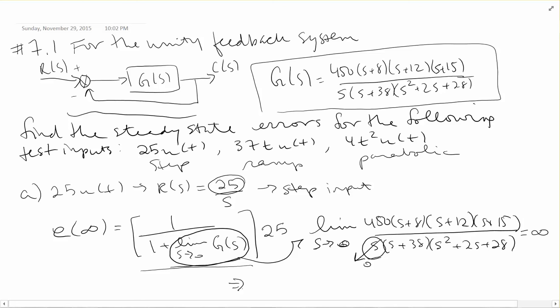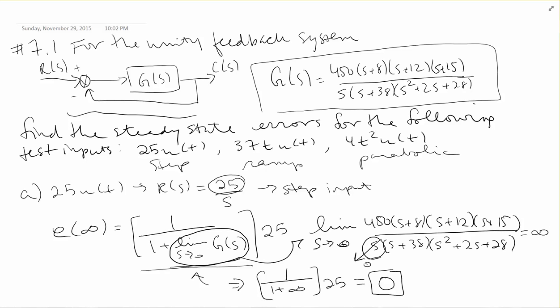Then if we plug that back into this equation, we get 1 over 1 plus infinity times 25. And obviously 1 over infinity is going to be 0. So our steady state error using a step input is equal to 0 for this system.